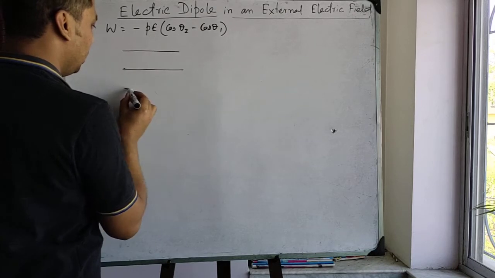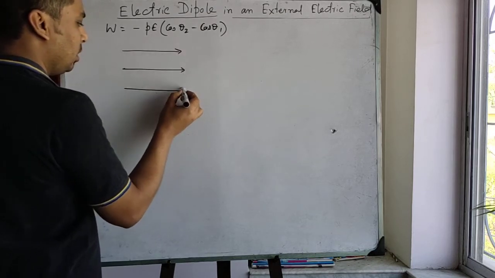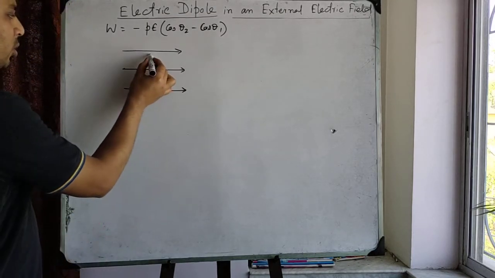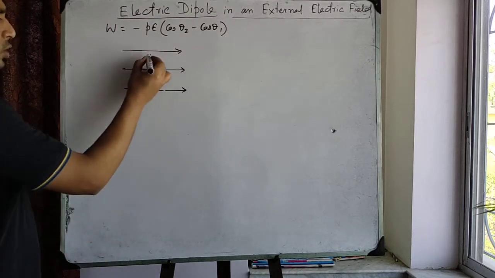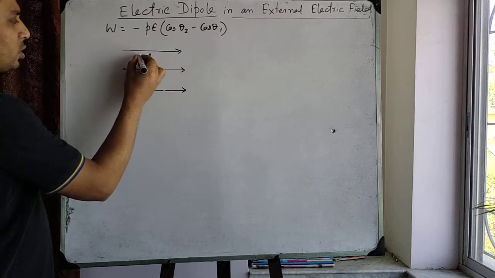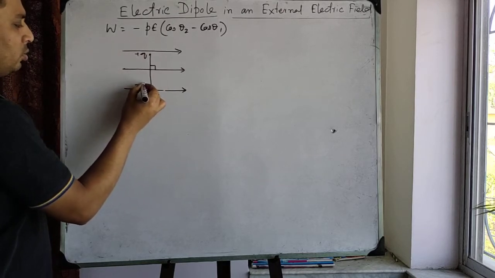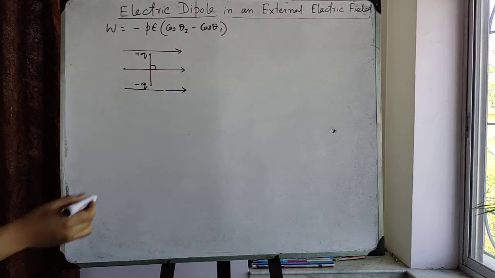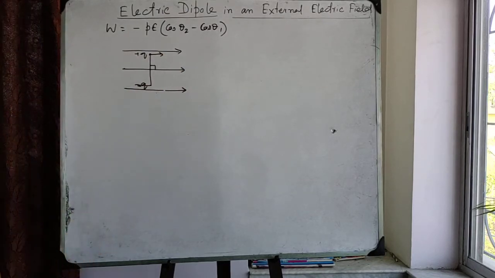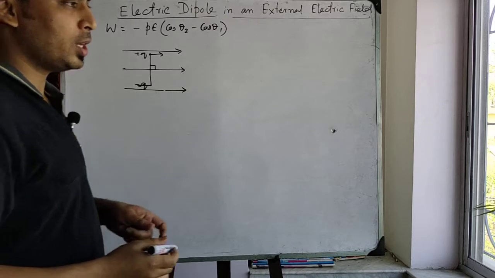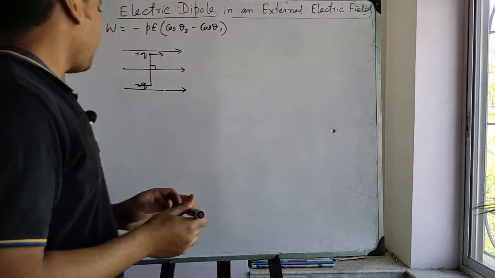Suppose this is the electric field. When the dipole makes an angle 90 degrees with the field direction, this is plus q and this is minus q, then maximum torque will act on the dipole. So this is the most unstable position for the dipole.